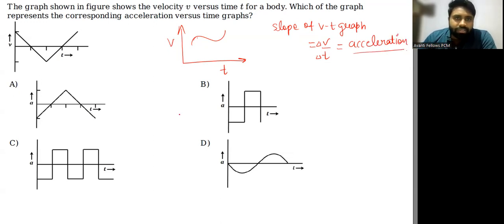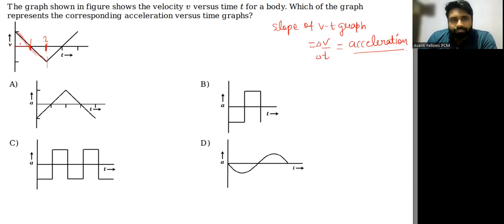In this question, the first slope is negative because it is going downward. From this point to this point, the slope is negative up to point 2. Let's say this is 1, this is 2.